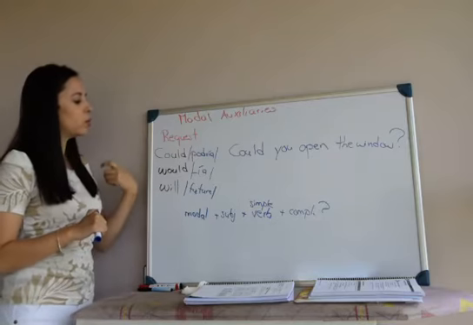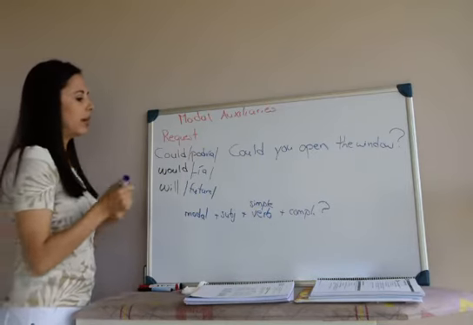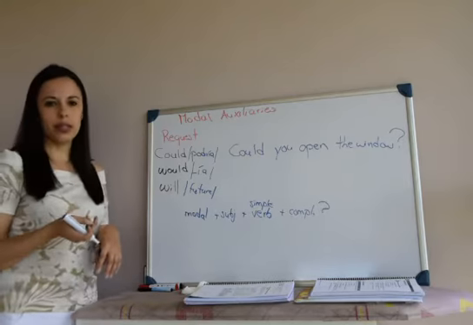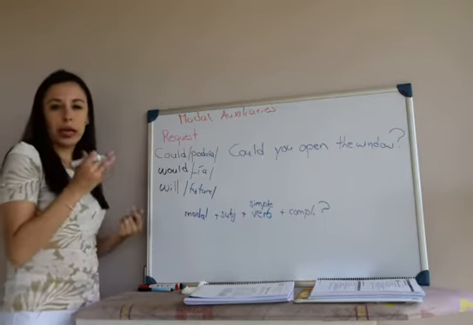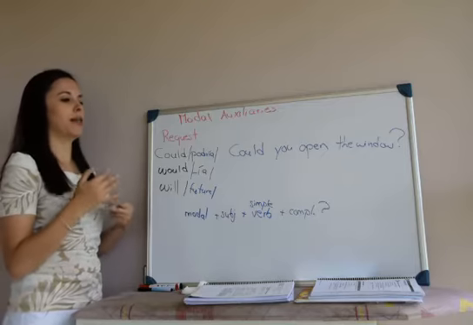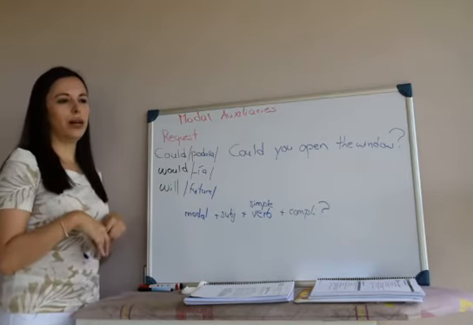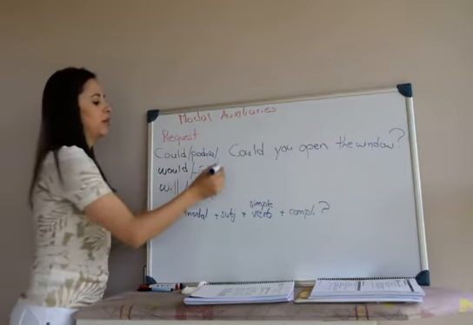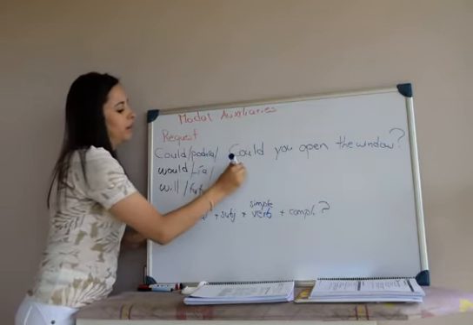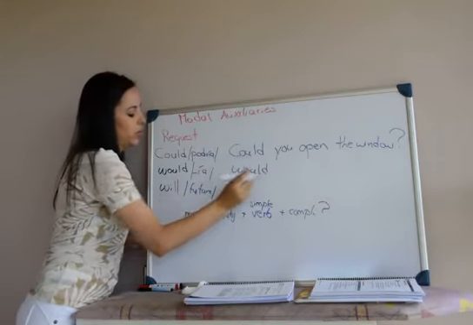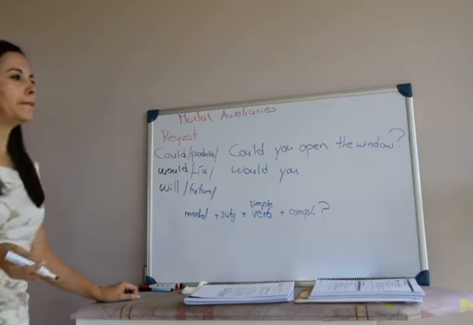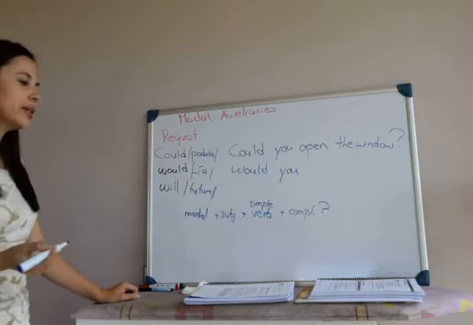The same happens with would. We can use would to make a request. Let's say that we go to eat in a restaurant and we don't know what to drink. Let's say that we're going to eat pasta, and we want to know the best wine to drink with pasta. So let's imagine that we can ask the waiter. Would, that will be the modal. Subject, you. Recommend can be the verb.